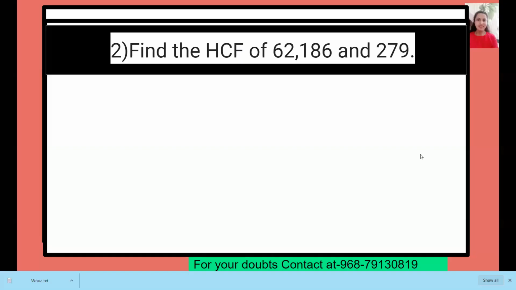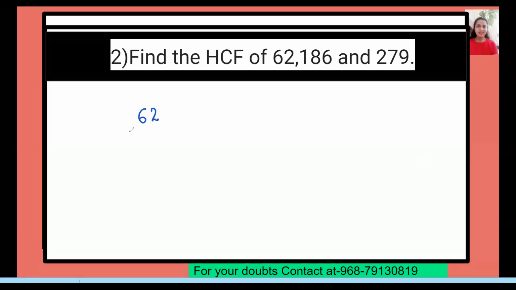Let's go to the next. Here also you see the proportional method is very handy. 62 and 186. 62 1s are 62 and 62 3s are 186. So here the HCF is what? 62 divided by 1, that is 62. So the HCF of 62 and 186 is 62.